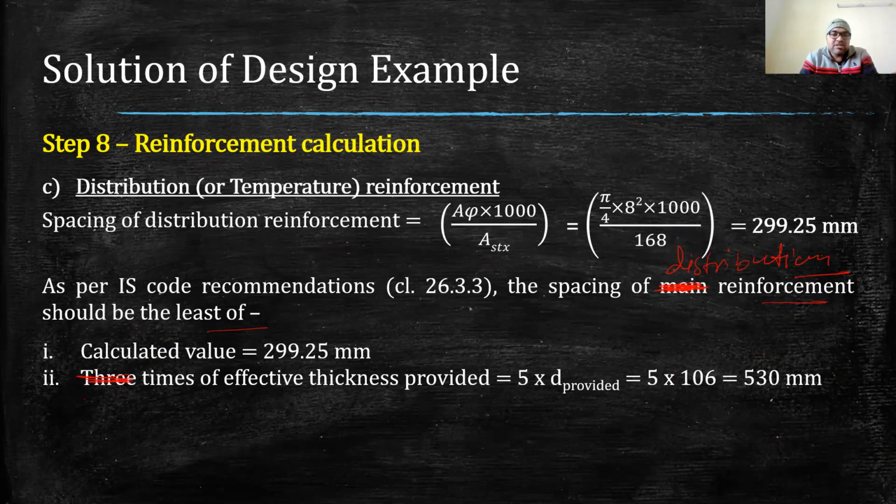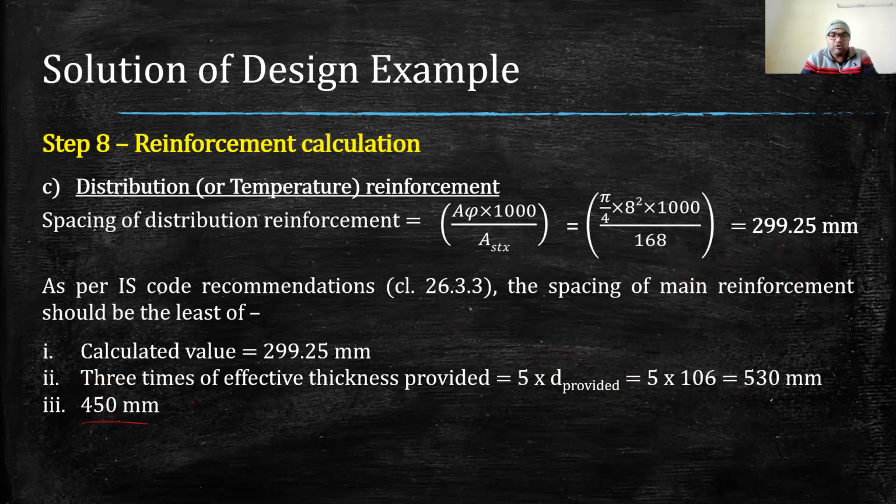Here, the recommendation is 5 times the effective thickness, which is 5 into D provided, which means 5 into 106, and it becomes 530 mm. In case of main reinforcement it was 3 times D; in case of distribution it becomes 5 times D. This is the difference that IS code has provided in this clause. You can read this clause in the IS code. Similarly, the third value is 450.